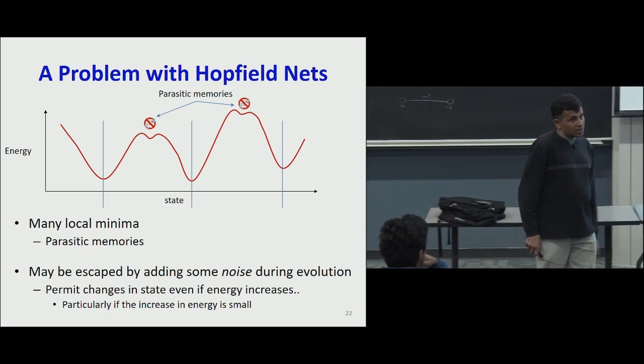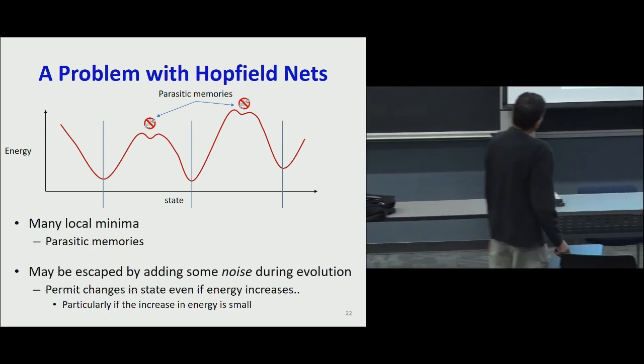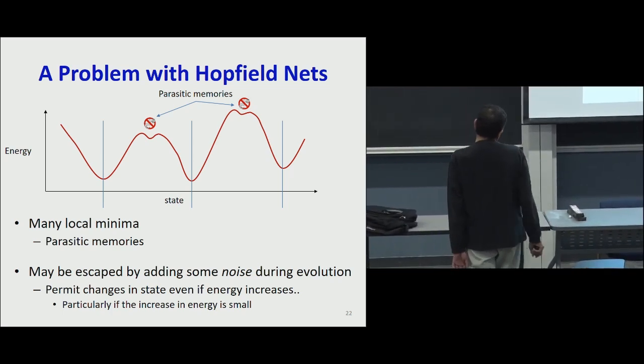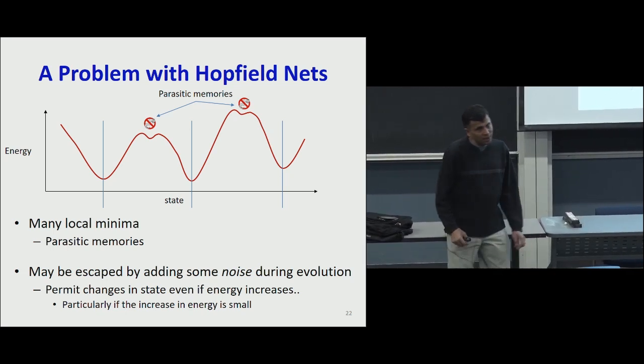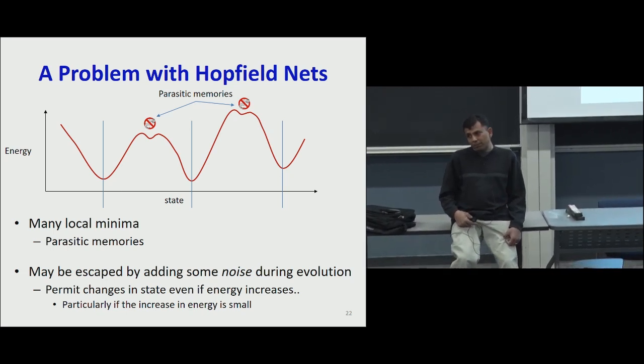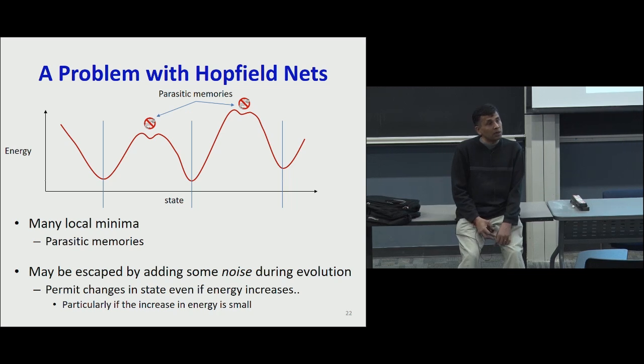This has to do with parasitic memories. There are many local minima, and there can even be local minima close to the patterns that you're actually trying to store. So when you initialize the network, instead of arriving at the pattern that you're trying to store, it might get stuck in one of these little dips.